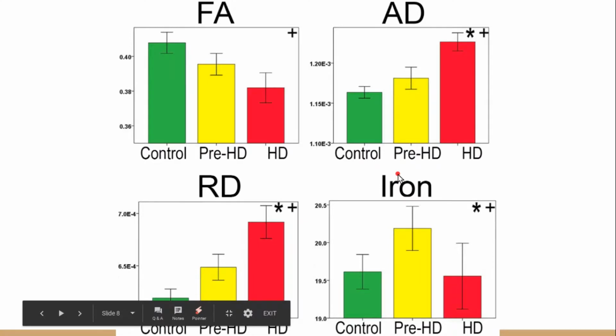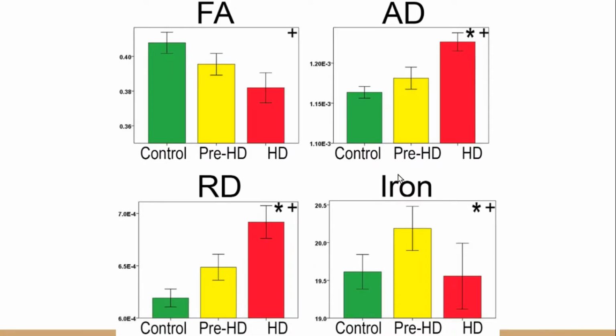I'm not going to go into detail, but what they found is that presymptomatic HD patients, so the prodromal stage of HD, people who have the CAG expansion mutation but have yet to show symptoms, actually show a consistent trend towards white matter degeneration. FA, AD, and RD are just various measurements that the researchers obtained through diffusion tensor imaging.